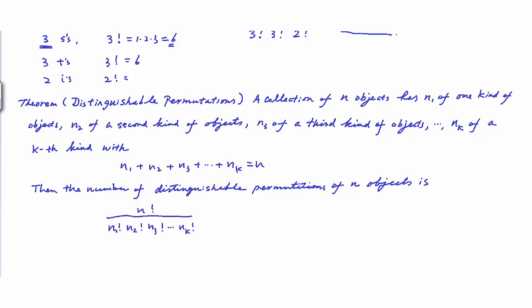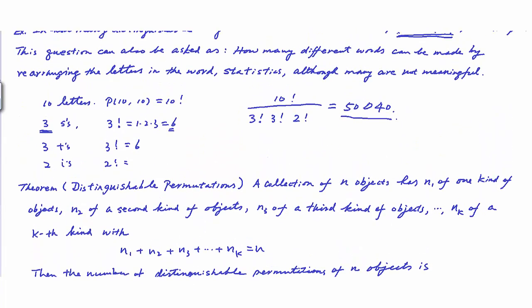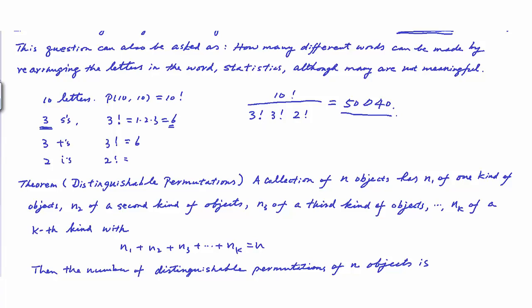Then the number of distinguishable permutations of n objects is n factorial divided by n sub 1 factorial, n sub 2 factorial, up to n sub k factorial. You can see this is a direct generalization of the previous example of statistics.